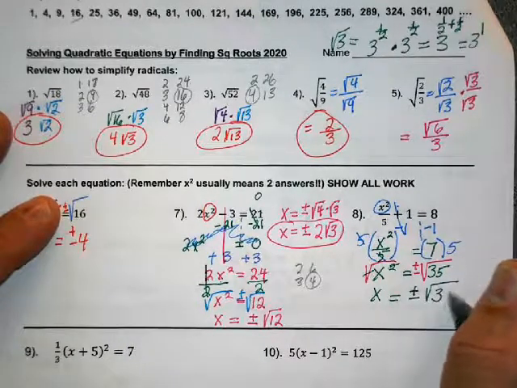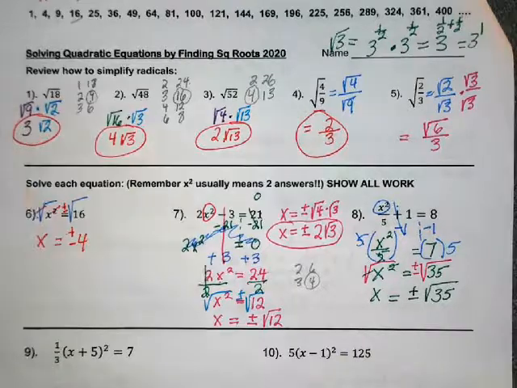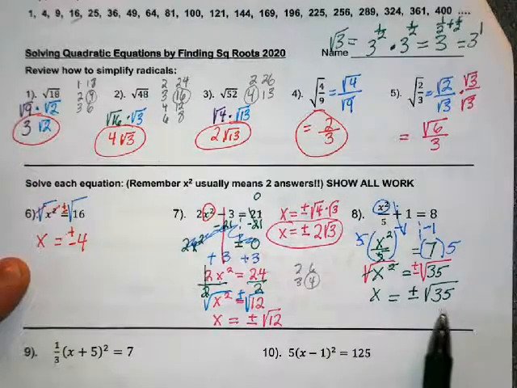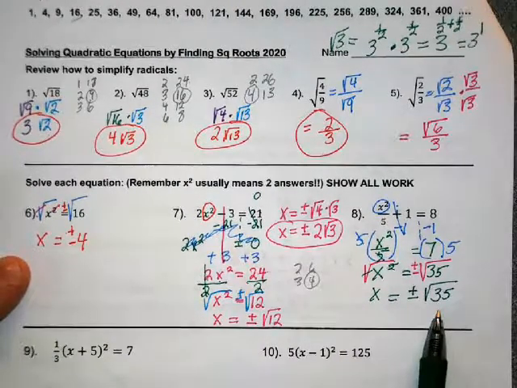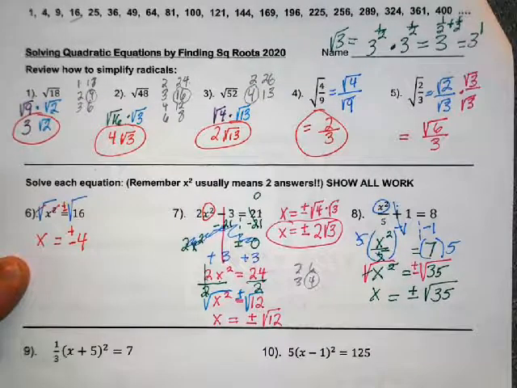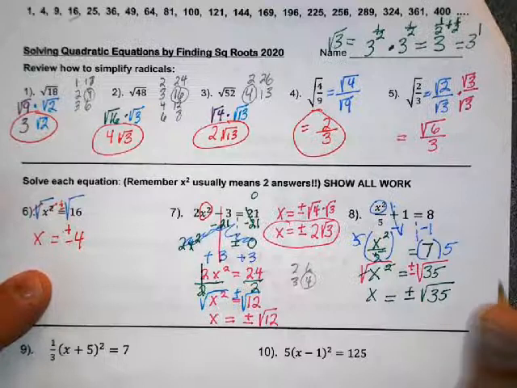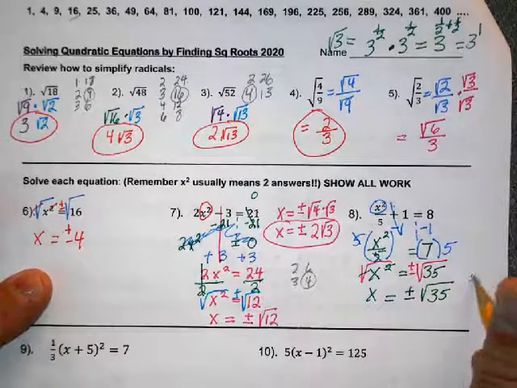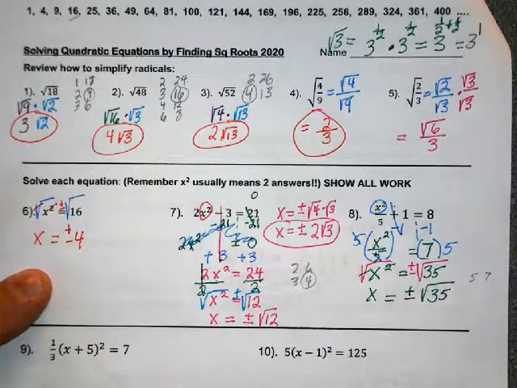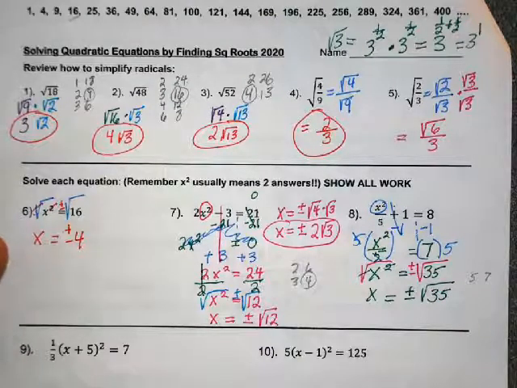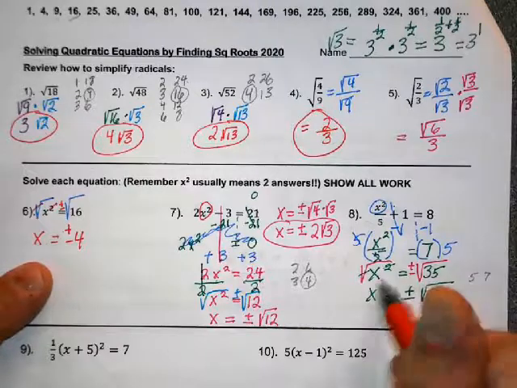Check to see if 35 is simplified. Let's see, 2, 3. The only factors of 35, other than 1 and 35, are 5 times 7, right? And neither one of those is a perfect square, so I am done in more ways than one.